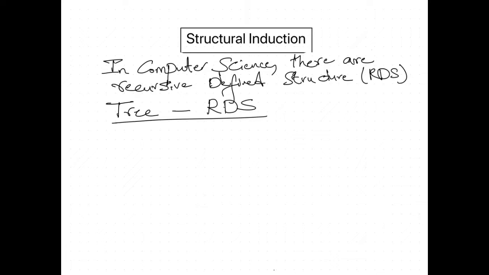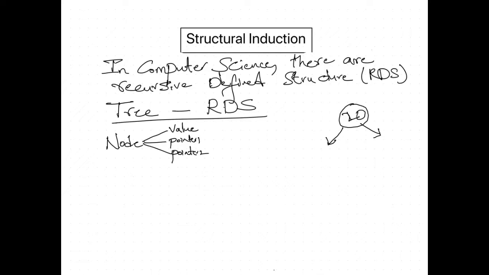Okay, I'll be taking a root node which is associated with a value. I'm writing a value like 20, and it has got 2 pointers. Since it is a binary tree, it has got 2 pointers. Now what is every node associated with? Every node is associated with a value, pointer 1, pointer 2, right?